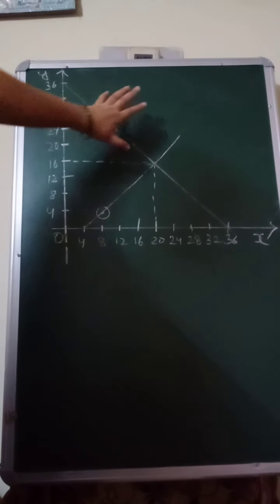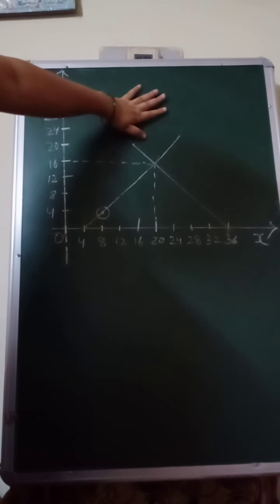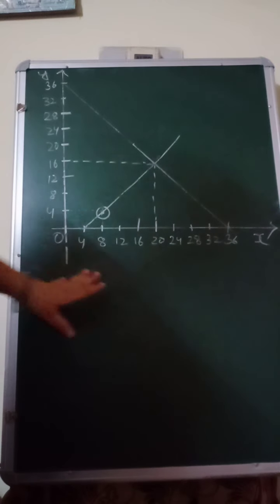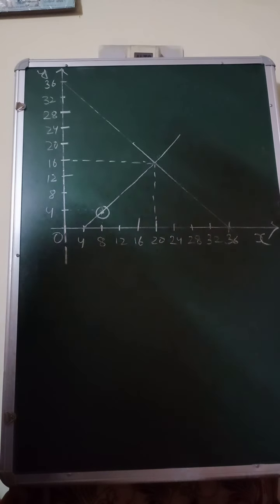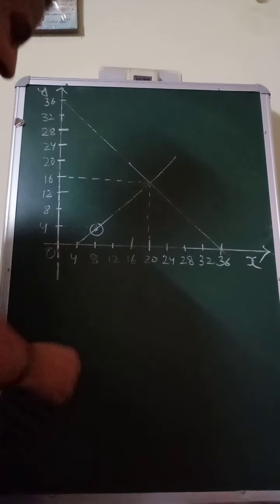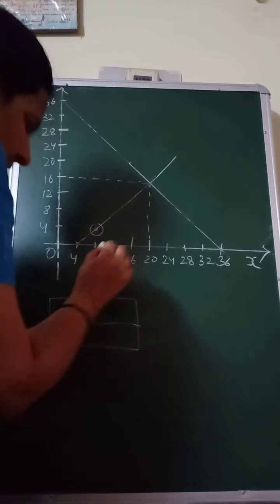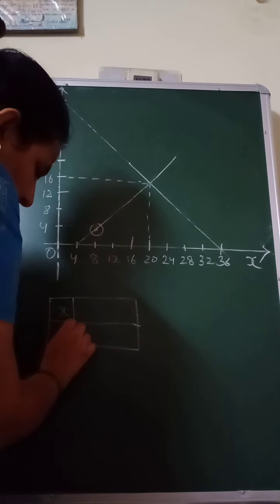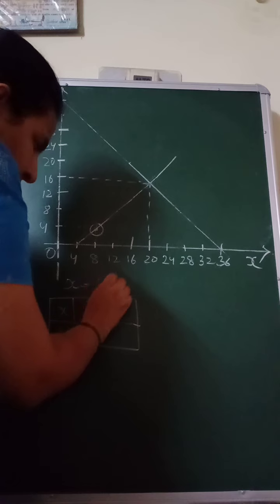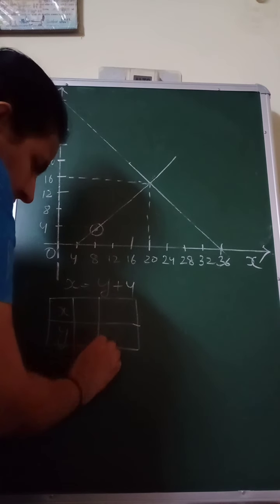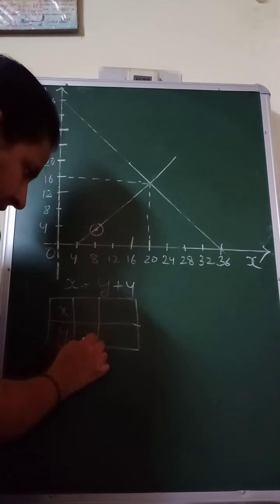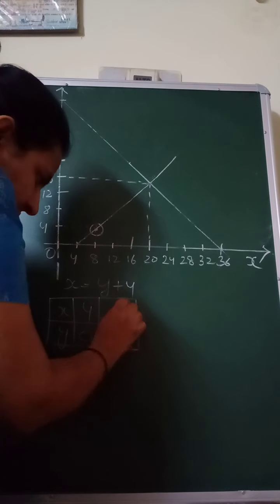I have taken only the positive quadrant because all my points are positive. My first line is x is equal to y plus 4, and the points are 4, 0 and 8, 4.